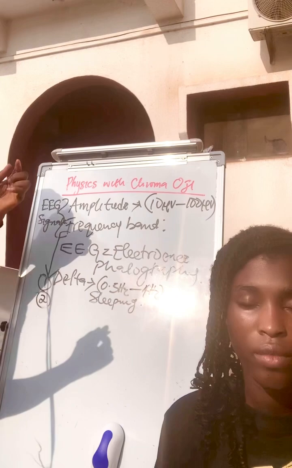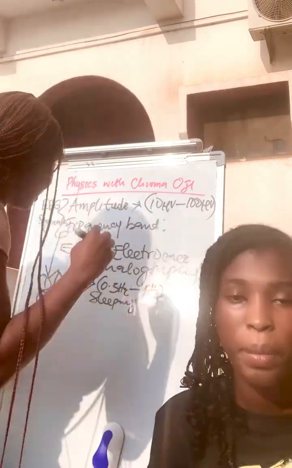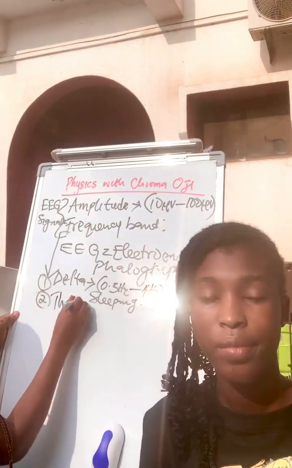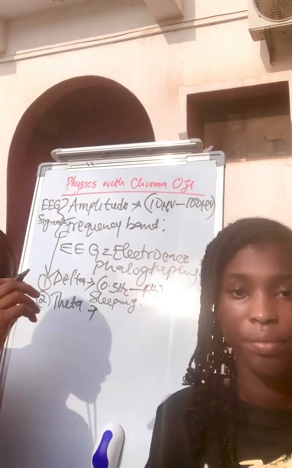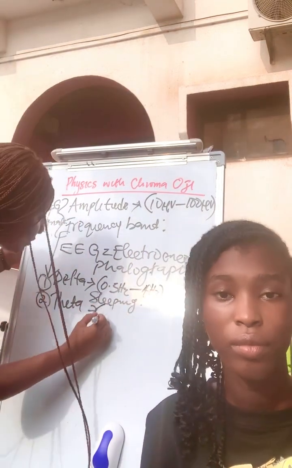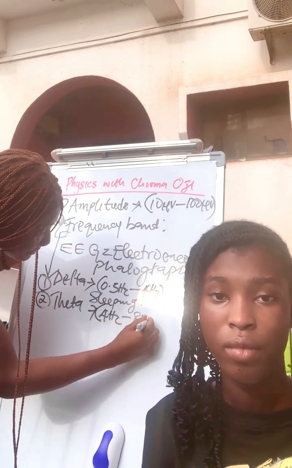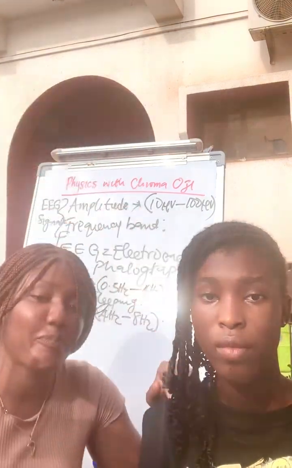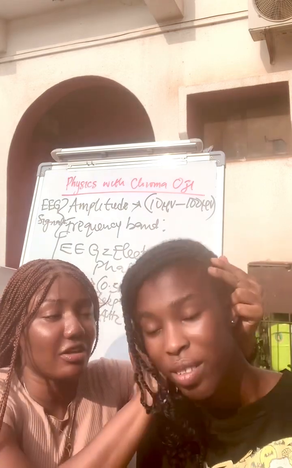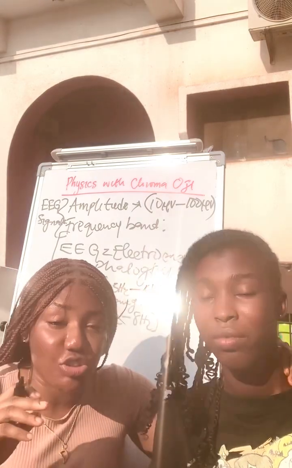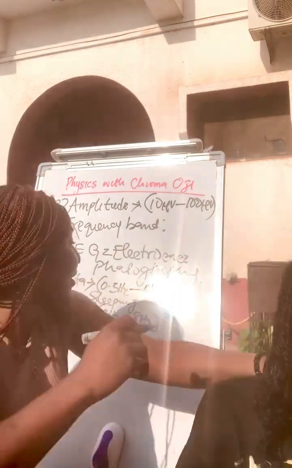Number 2, we have the theta stage. In the theta stage, the frequency is between 4 Hz to 8 Hz. Now, do as if you are drowsy, as if you are drunk. At that stage, you are drowsy.